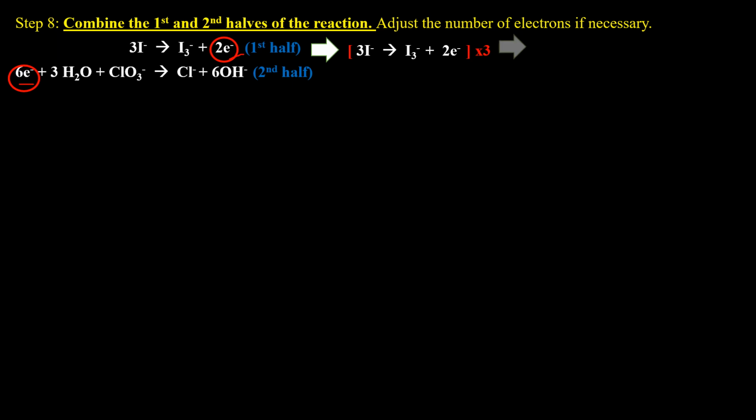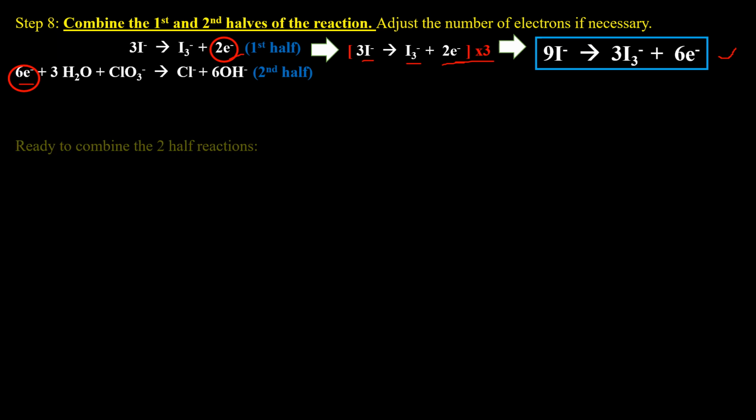So it will become 9I negative, because 3 times 3I negative is 9I negative, yields 3I3 negative plus 6 electrons. So it's 3 times 2. This is now what we are going to use as the final first half of the reaction.